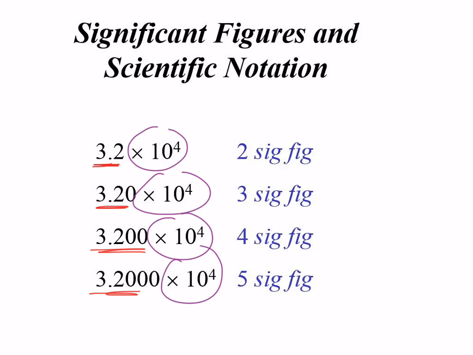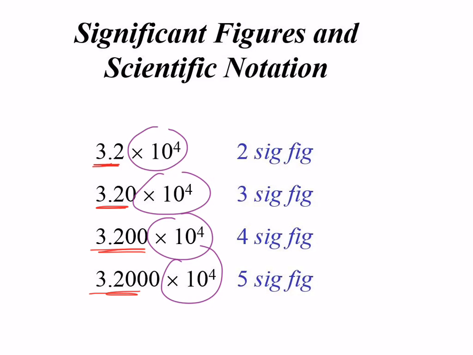Each one of these, if you move the decimal place over 4 places, you're going to come up with the same number. It's 32,000. These are all 32,000, packed up in scientific notation. If you have a number in scientific notation, you pick off significant figures from the coefficient and call it good.